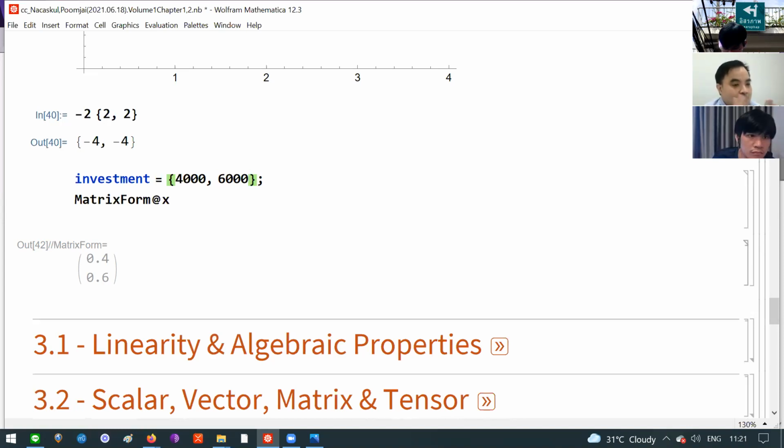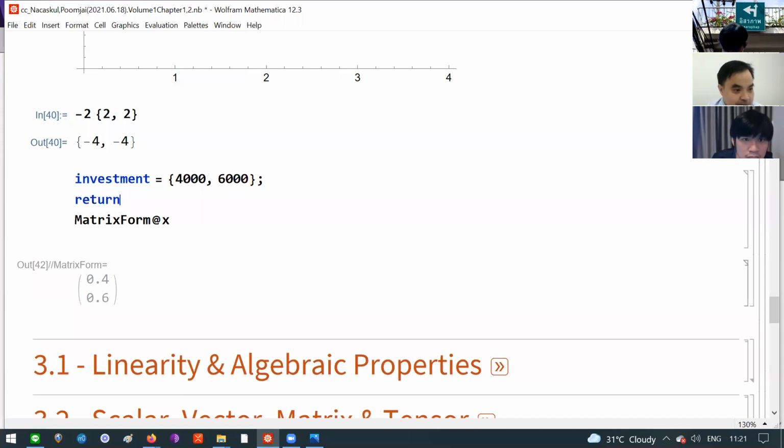Now you invest this one. Let's say return is equal to, let's say you invest this one in stock. And for this period, your stock loses 0.01.